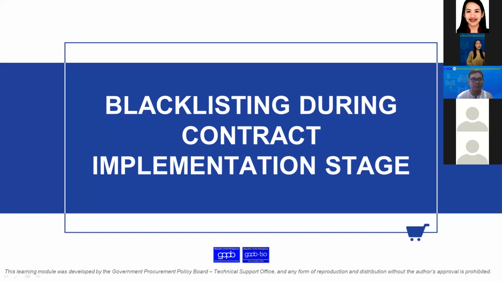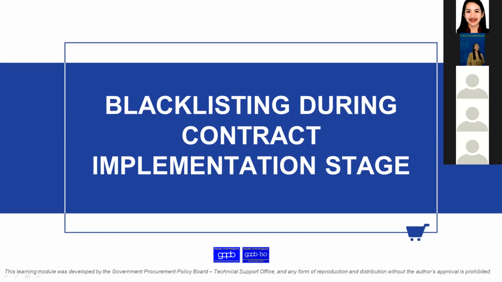Congratulations. So let's proceed with the blacklisting during contract implementation stage. So kanina, we still call them contractor, but actually during procurement stage, they are considered as prospective suppliers or contractors or manufacturers, no? Ang ini-expect dyan, yung mga violations nila andun during the procurement stage at nakita ka agad.